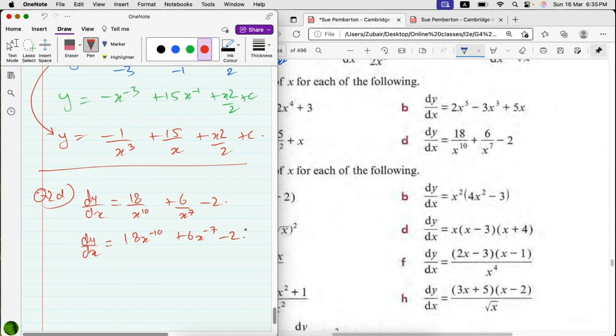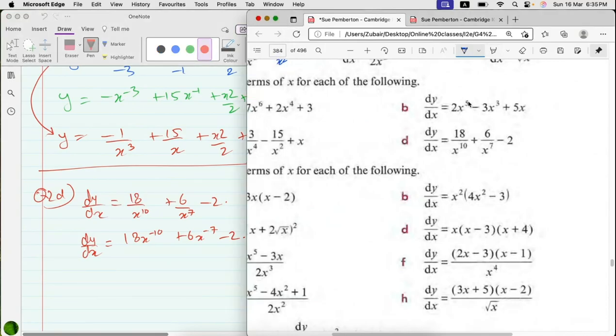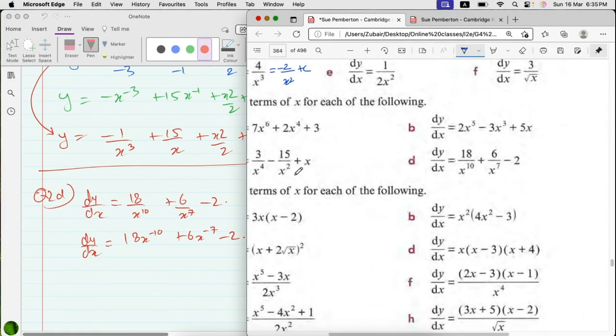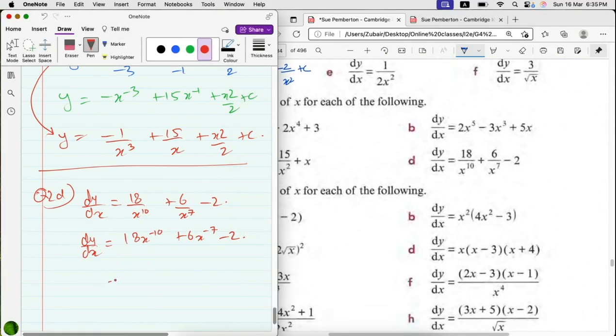But with the minus 2 itself, because I have the other ones. It's 18x to the negative 9 over negative 9 plus 6x to the negative 6 over negative 6.